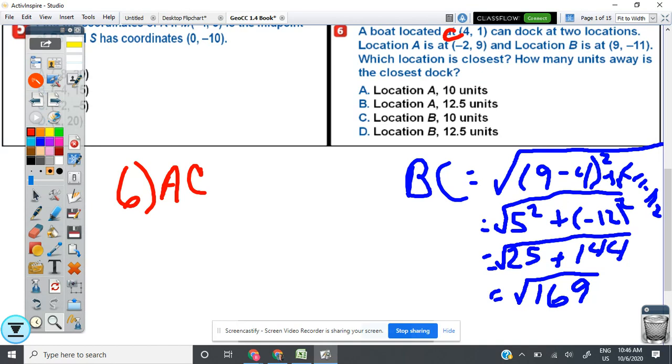Okay, going back to red here. A is at negative 2 minus from the formula.